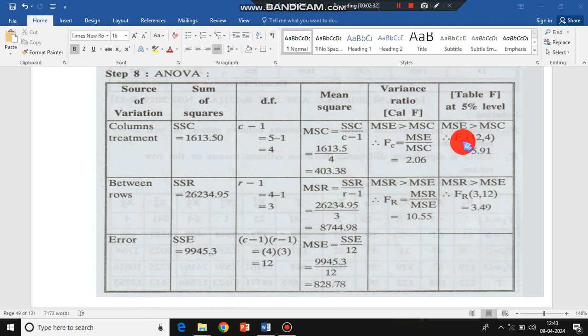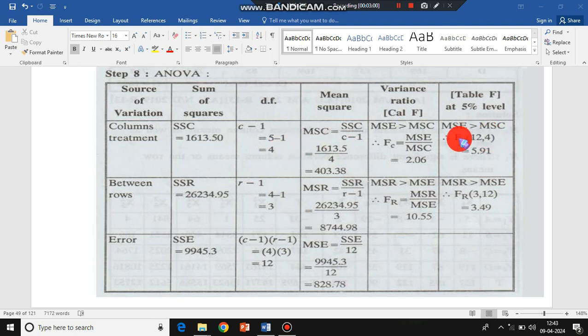Now what about the second place? The second place is the denominator's degrees of freedom. Look at MSC, 403.38. What is the degrees of freedom? 4. So that you have to write in the second place.